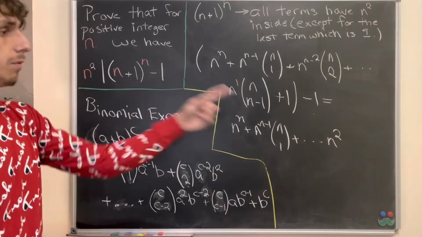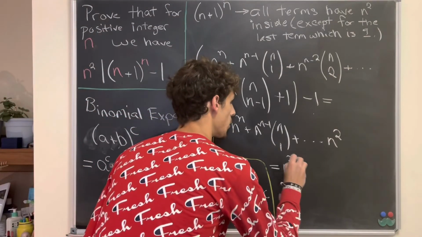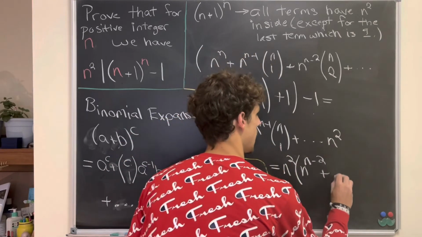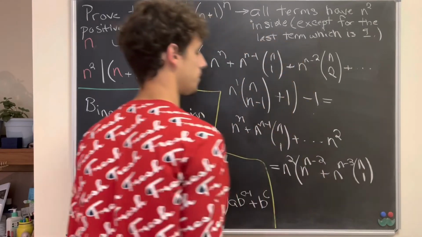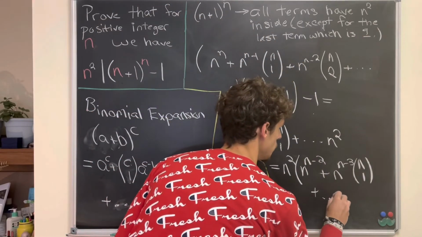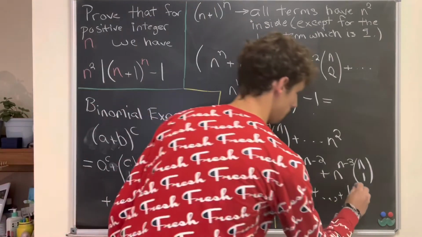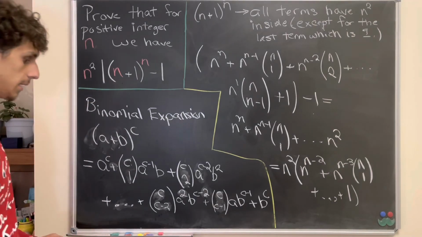But that means that all of these terms have an n squared, so we can factor that out, and we'll get n squared times (n to the n minus 2 plus n to the n minus 3 times n choose 1 all the way down to 1). That's this n squared term with n squared pulled out. And so here we've shown that n squared divides (n plus 1) to the n minus 1. And that's enough for now.